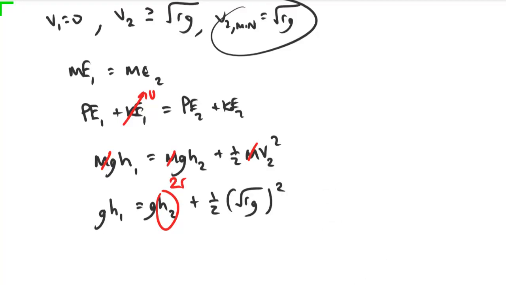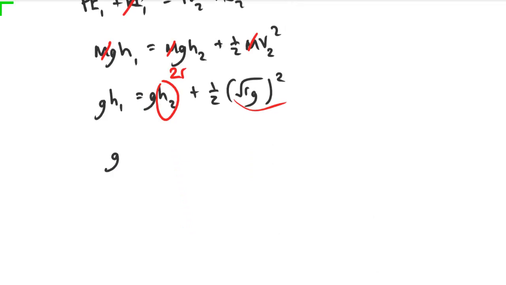So gh1 is equal to g times 2R plus 1/2 of RG. Each of these has a g in it, so all these g's cancel out as well.